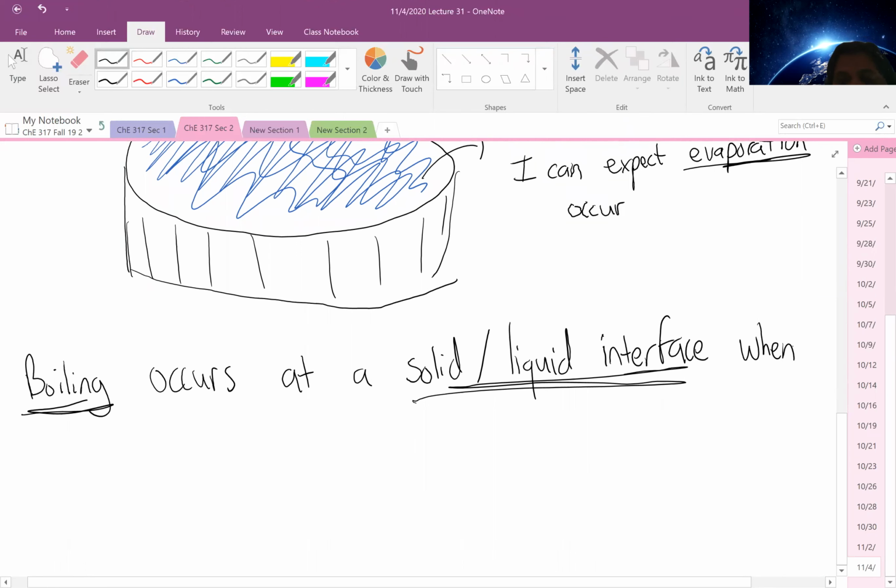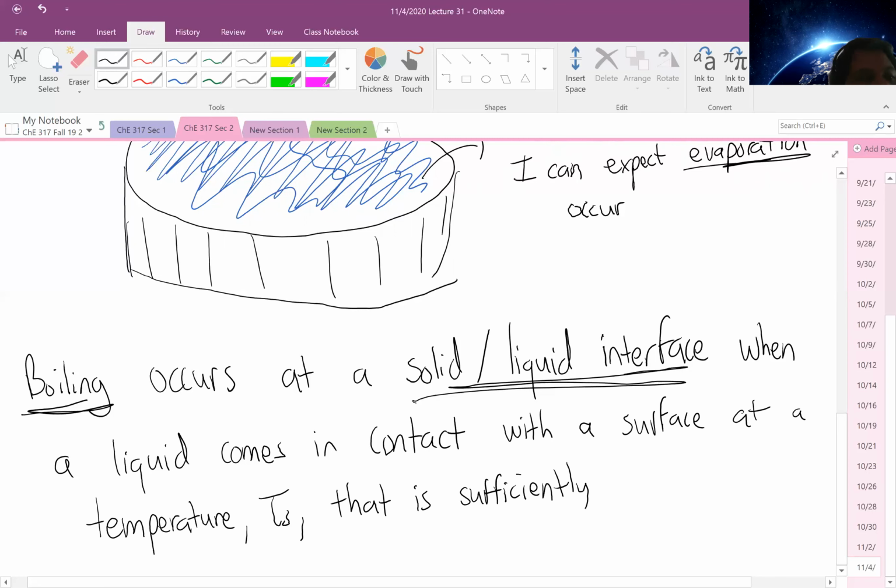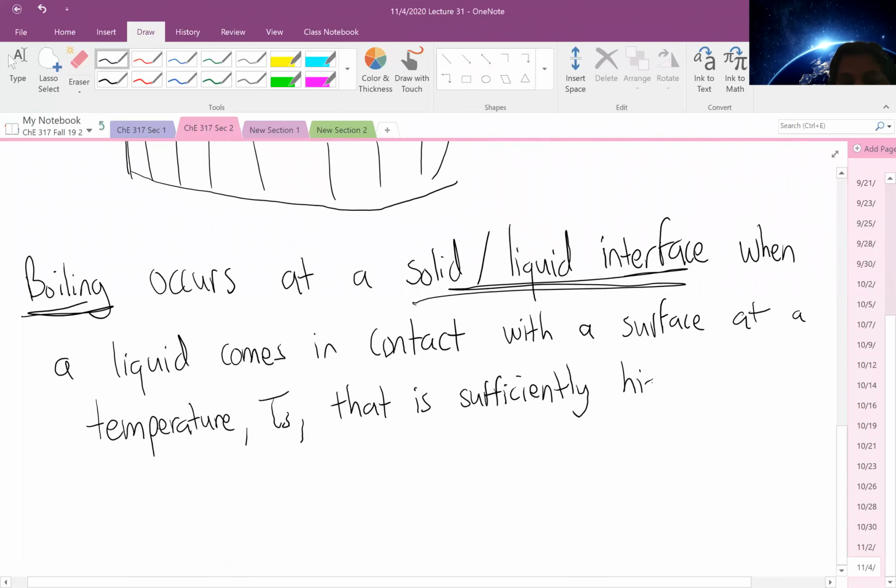Because, or when, a liquid comes in contact with a surface or solid object at a given temperature, T sub S, that is sufficiently higher than the liquid's saturation temperature.